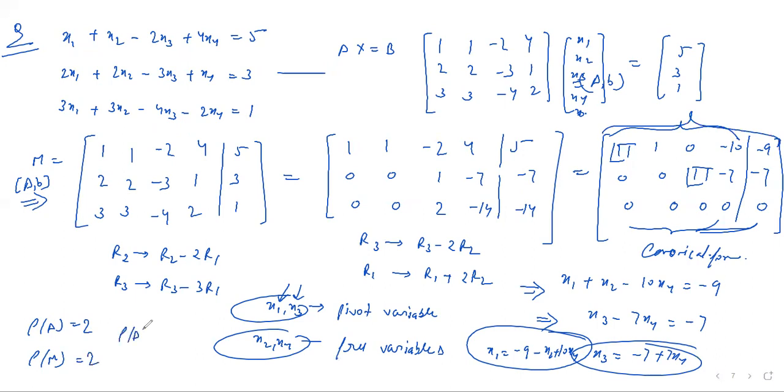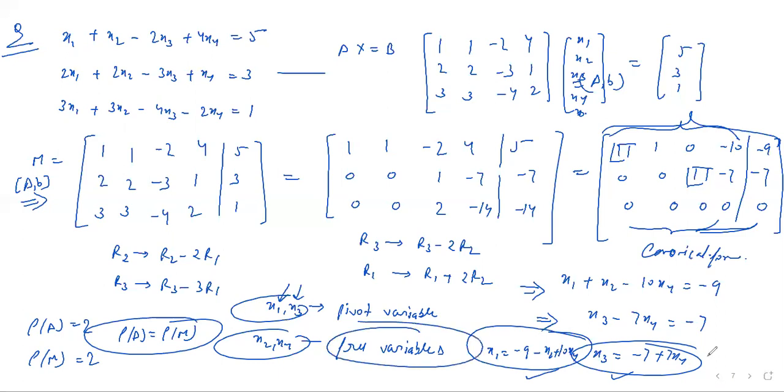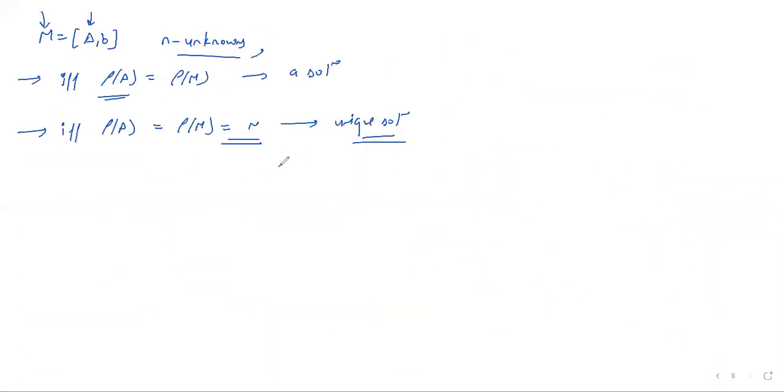So rank of A is equal to rank of M. So it has a solution, that is x1 and x3, but this solution is not unique, because we have free variables in that case. So this is the result that we have for augmented matrices for a system.